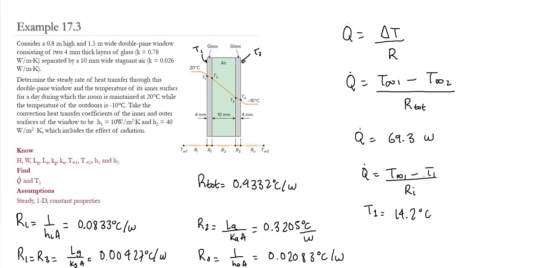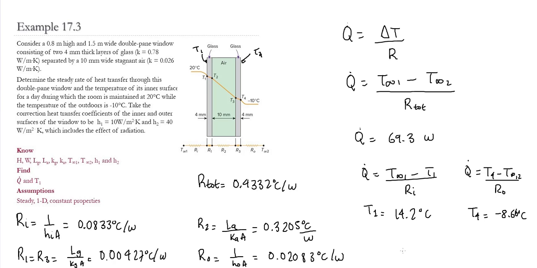If we do the same process for T4, so we say Q dot is equal to T4 minus T infinity 2 divided by Ro, then T4 is going to give us negative 8.66 Celsius.